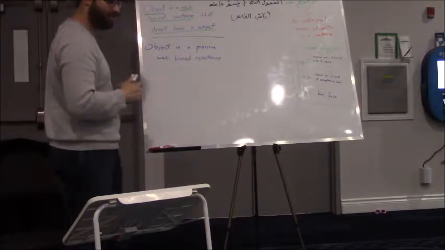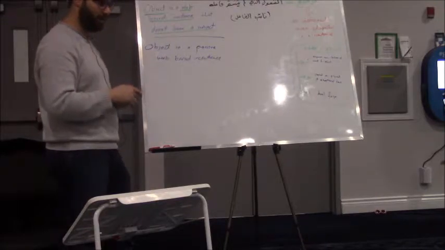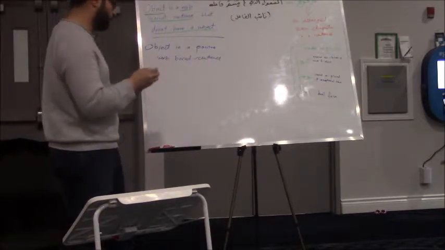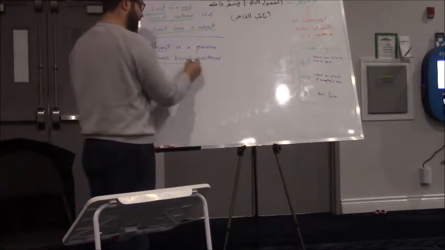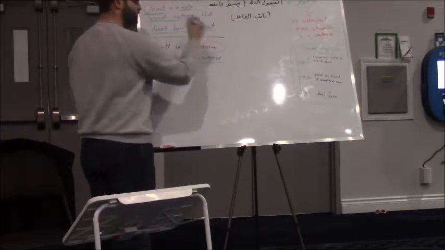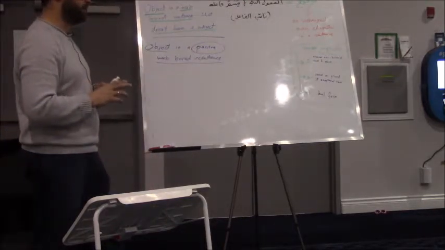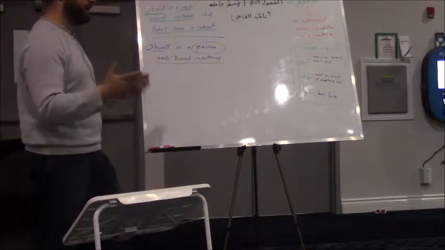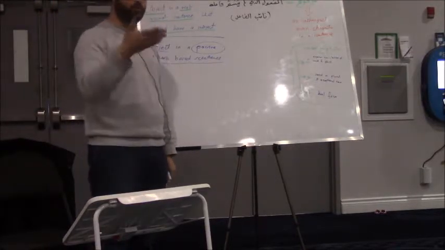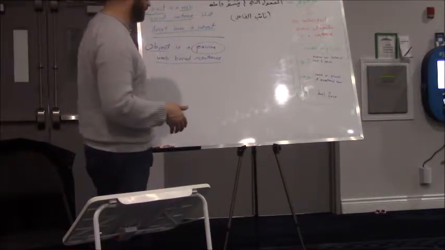All right, so that's even a better way to define the na'ib al-fa'il. So he's the object. It's a verb-based sentence, but it's a passive verb-based sentence. It's not a direct or active verb-based sentence. The fa'il, the actual subject, needs an active or a direct verb-based sentence.